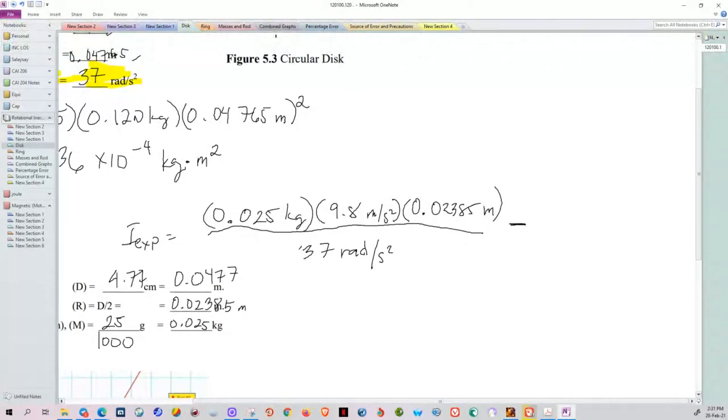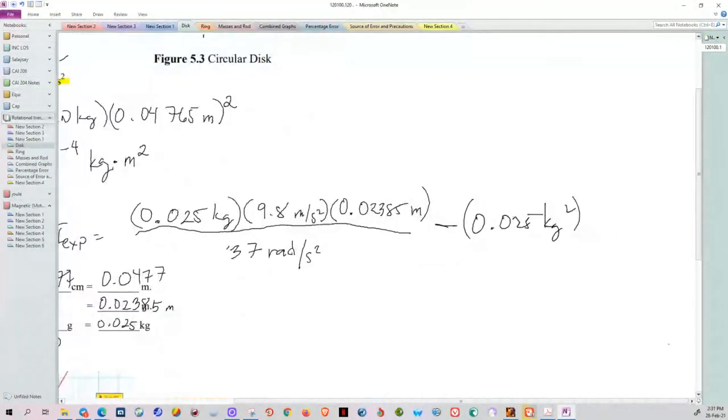Minus mr squared. What is m? Minus m, 0.025 kilograms, multiplied by radius, 0.02385 meter squared. That's how you calculate it.